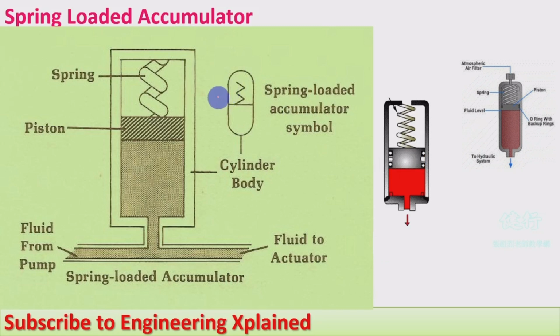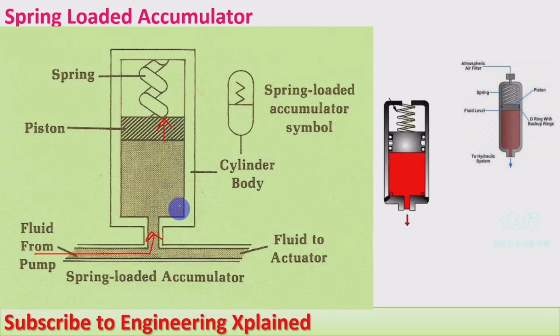Here, in the spring loaded accumulator, spring compression and release is used for the loading. It consists of a cylinder, a piston, and a preloaded spring. The fluid from the pump enters this accumulator, and due to the pressure of the fluid, the spring is compressed, moving the piston in the upward direction, and that stores potential energy at a higher pressure.